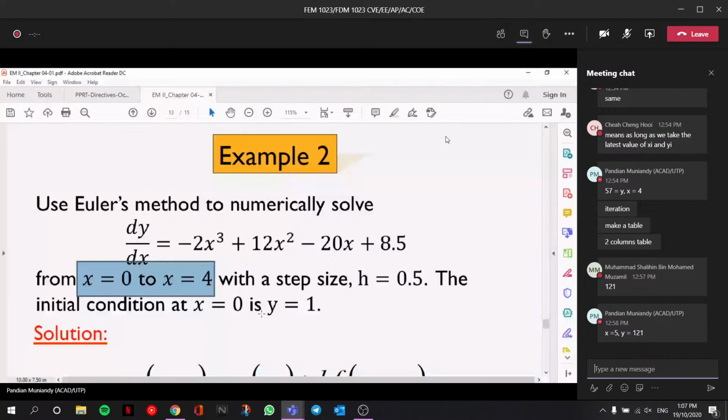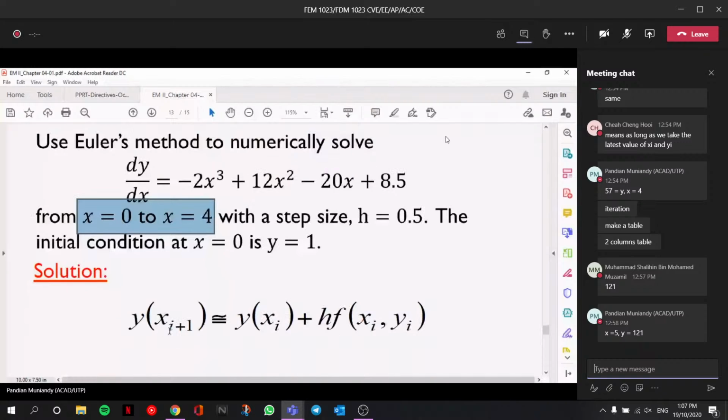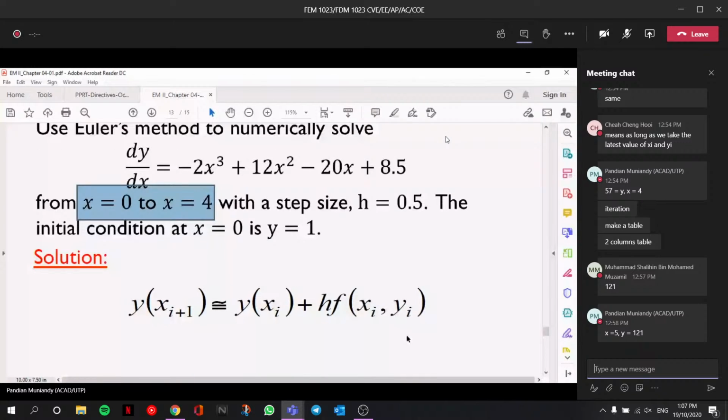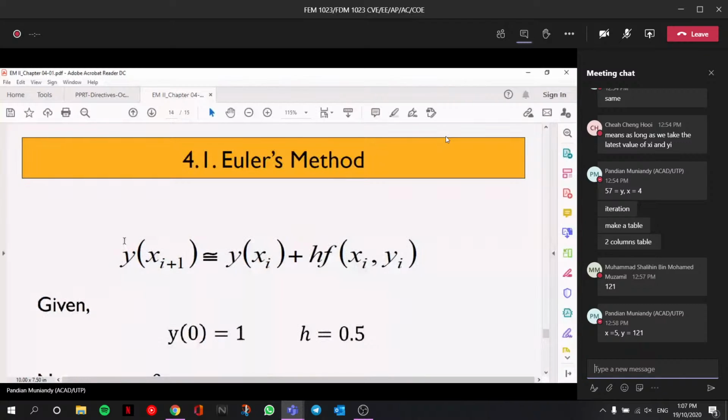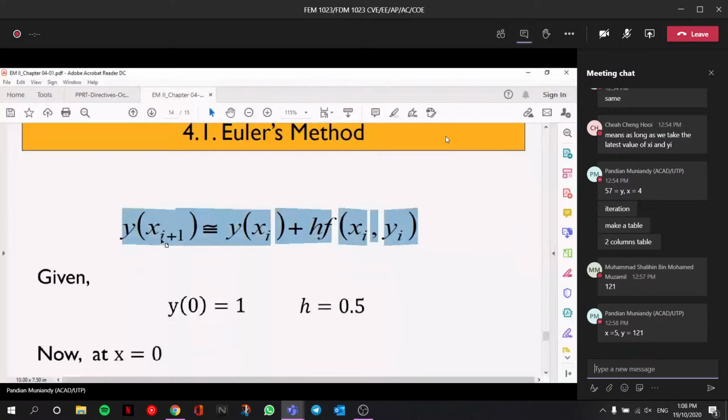So use this formula to calculate the next y. This one is x naught, y naught is 1.